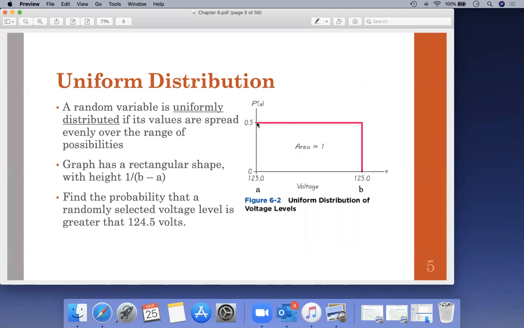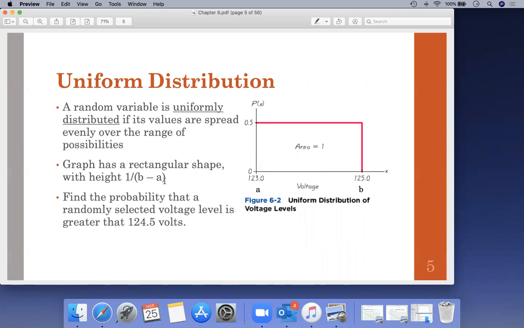So if it's a uniform distribution, definitely you will have a rectangular shape. It can be a square or a box. Anyhow, it should be box shaped. Okay, rectangular shape. Then the height of the rectangle is this.